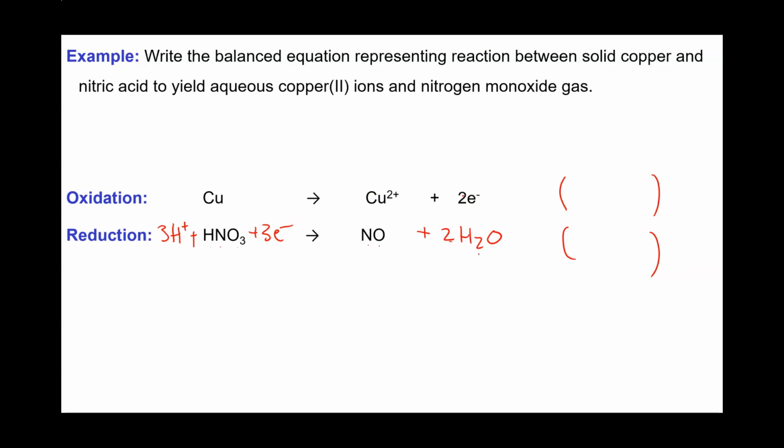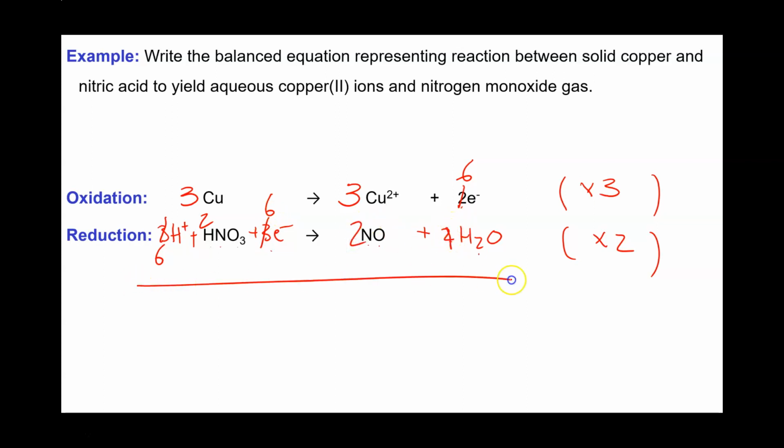That means I have to multiply one or both sides by whole numbers until they're equal. So I've got 2 electrons being lost, 3 being gained. So I'm going to have to multiply my oxidation by 3 and my reduction by 2. So that means everything in here gets multiplied by 3, and everything here gets multiplied by 2. And now I can add them together.